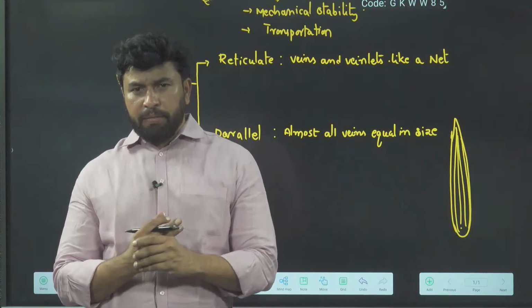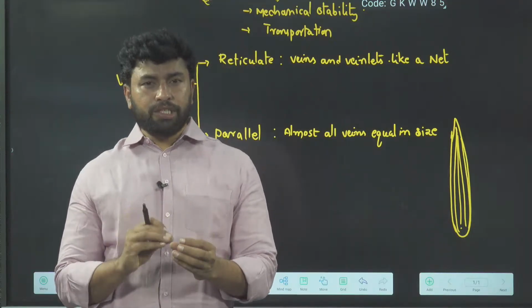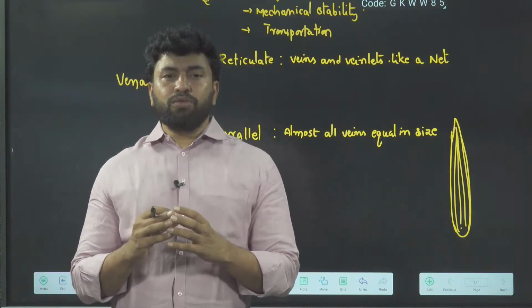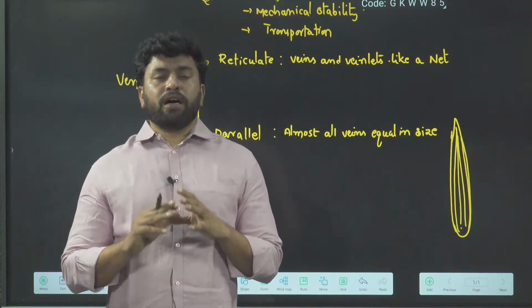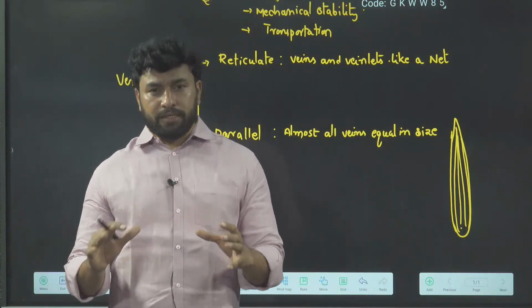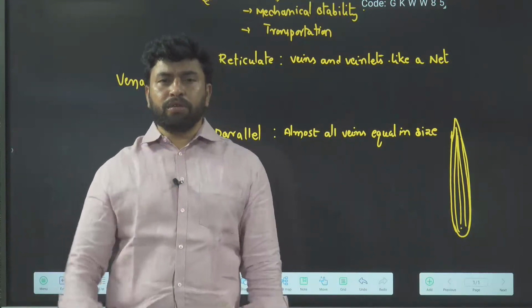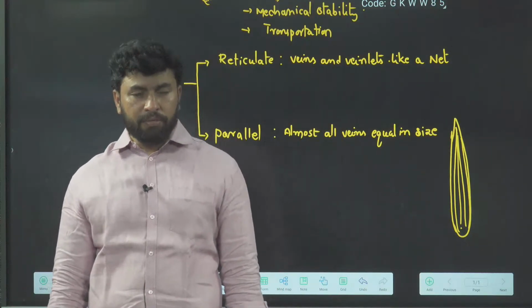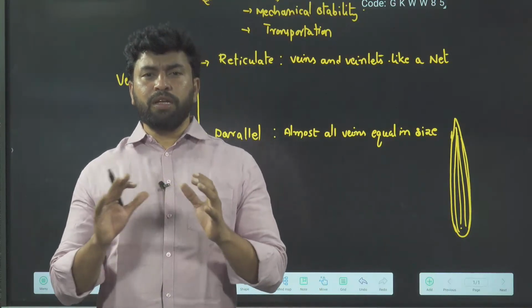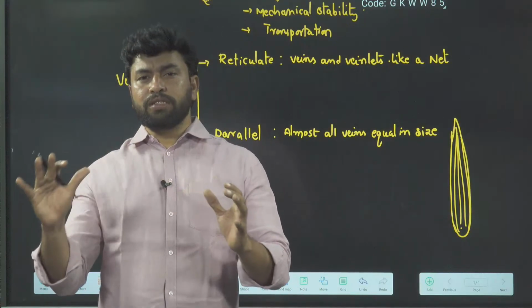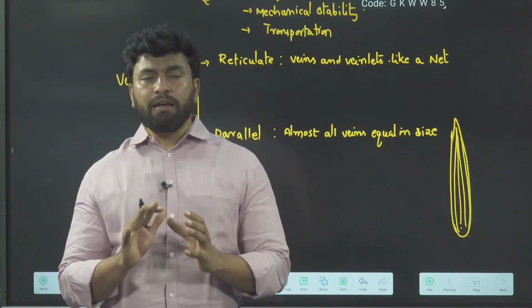Remember one statement when we were studying anatomy, there we mentioned that when it comes to monocots, vascular bundles are almost all similar in size. That means inside a vein, if I observe the arrangement of xylem and phloem, it will be almost similar in size all over the surface of the leaf, because veins are parallel in nature.